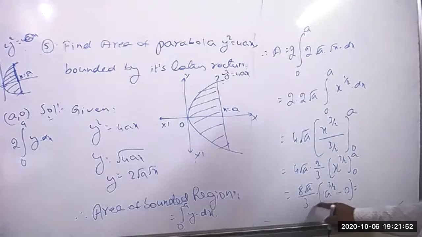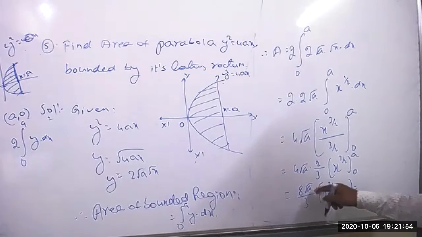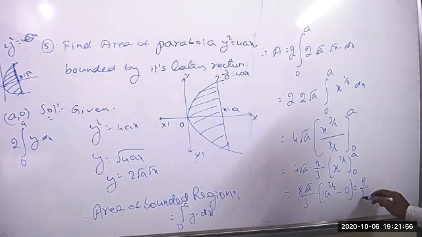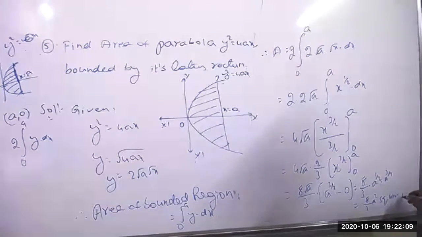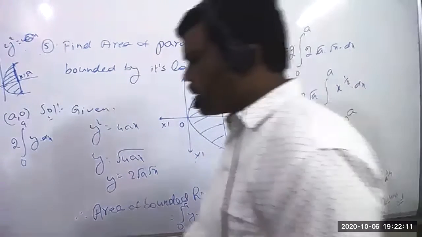Multiplying these two values, root a can be written as a power 1 by 2, so 8 by 3 into a power 1 by 2 into a power 3 by 2. A power m into a power n, clearly we'll get a square. So 8 by 3 a square square units. That is the area of the bounded region.